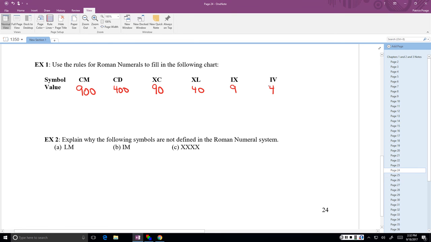So on example 2, explain why the following symbols are not defined in the Roman numeral system. How come LM is not a real number? It didn't really exist. There's a couple reasons. There's more than 2 in between, so it's subtracting more than 2 up. What else? There's a more important one than that.